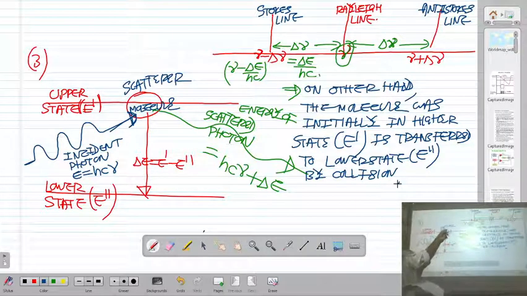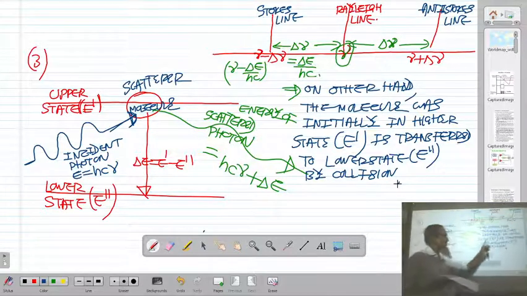So when the molecule is transferred from the upper energy state dash to the lower energy state double dash, the energy of the scattered photon will be hν plus delta E. So that I will also mention here.